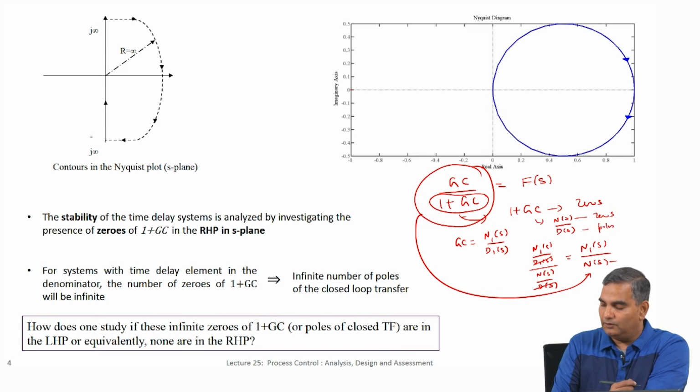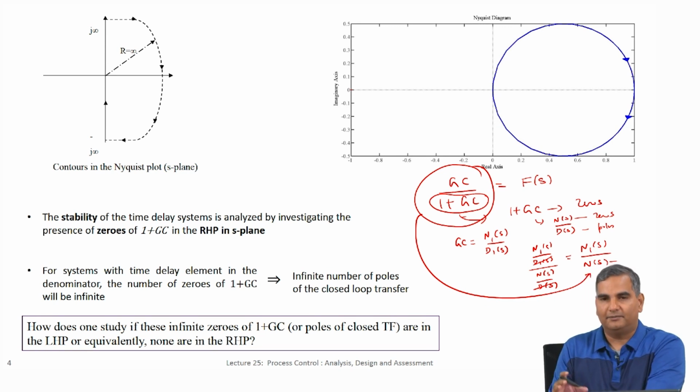So basically what we are saying is, I want to find out if this numerator polynomial of 1 plus Gc has any zeros in the right half plane. If the numerator polynomial has any zero in the right half plane, then the closed loop system is unstable.